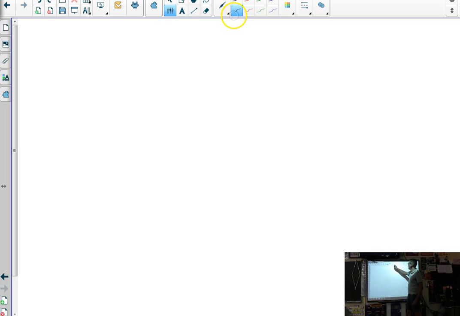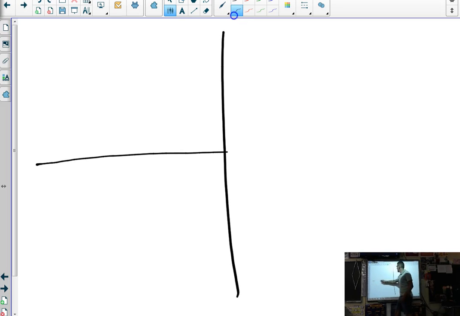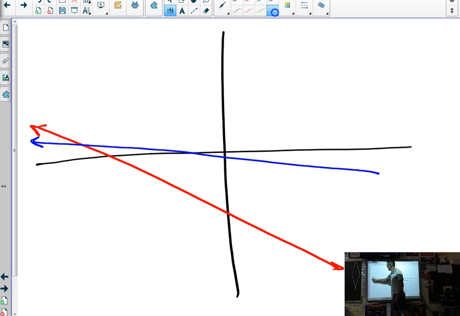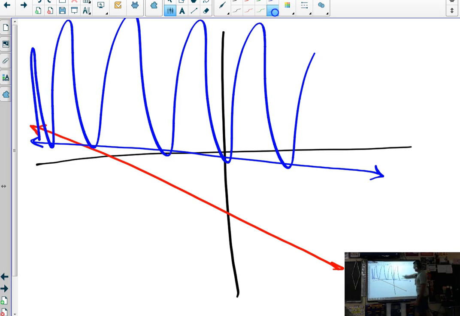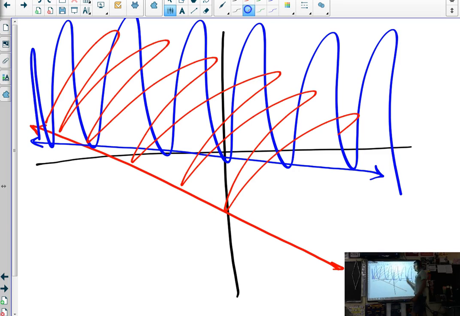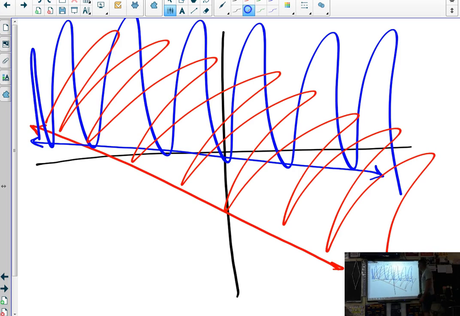I see some eyeballs that don't like how I just did that. So if they had similar slopes, so this is all included.